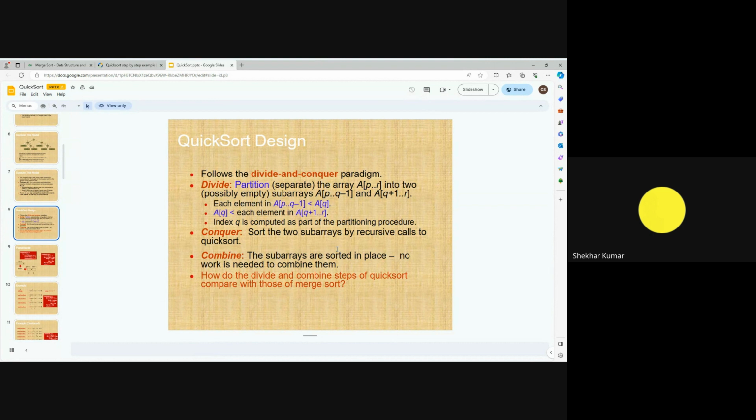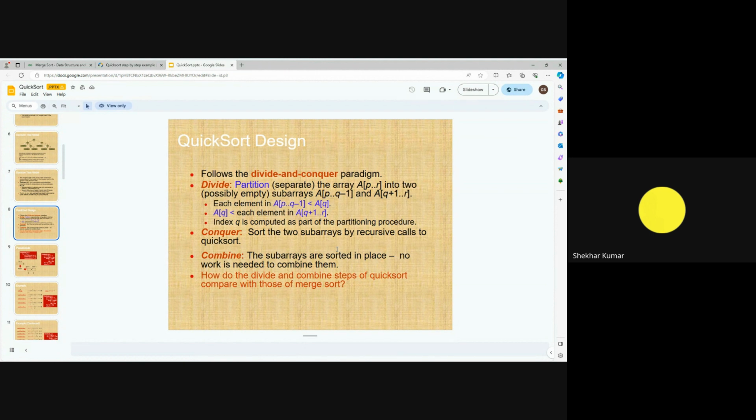So it is an in-place algorithm because it doesn't take any extra array for storing the sorted elements. Every time, in every pass, the pivot value will be in its correct position, the elements less than the pivot value will be on the left side, and the elements greater than the pivot value will always be on the right side.